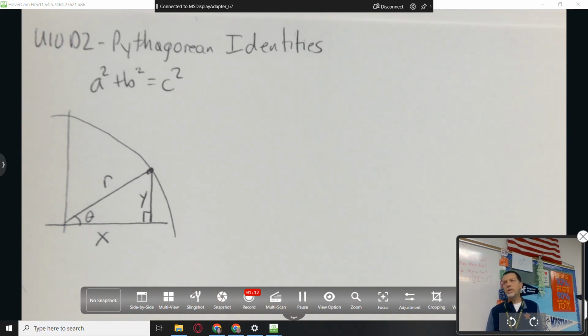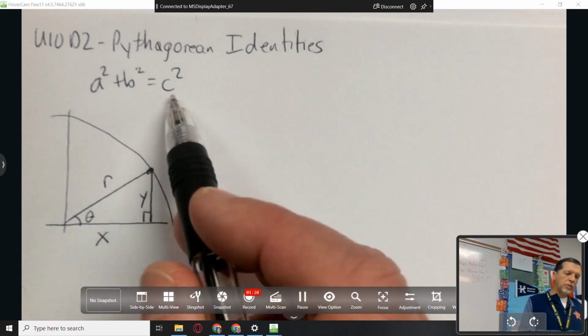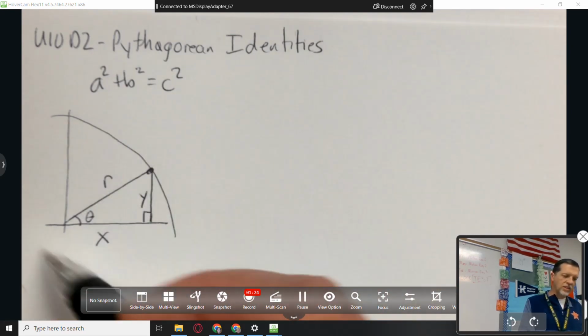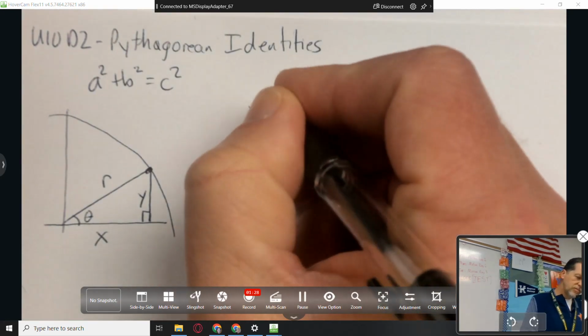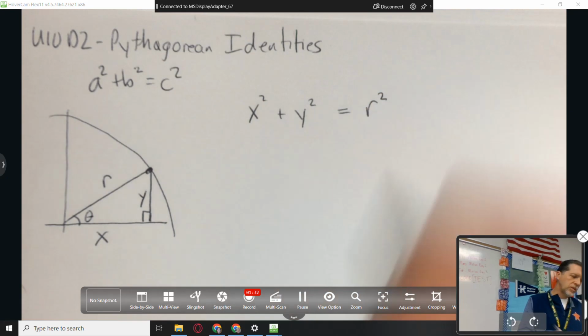Okay, so what would Mr. Pythagoras say about that triangle we have in there? How would we lay a squared plus b squared equals c squared? How would we use that on this triangle? Okay. x squared plus y squared equals r squared.